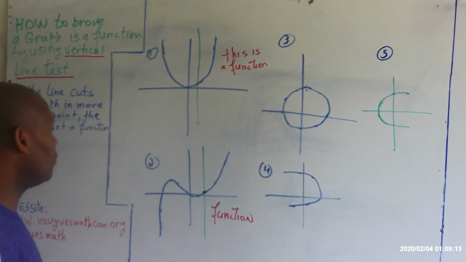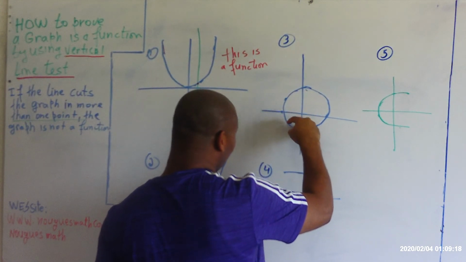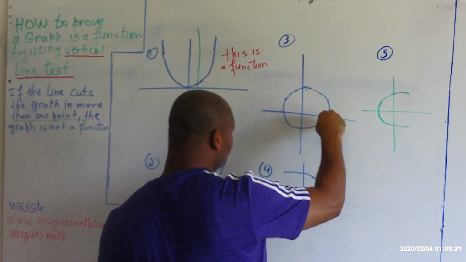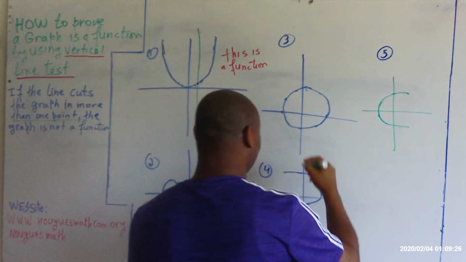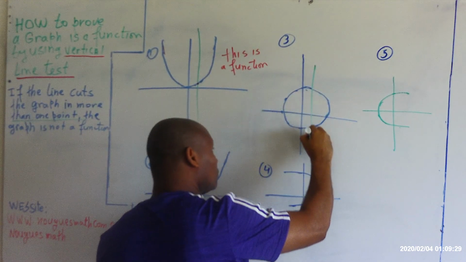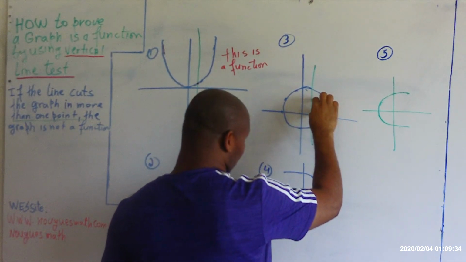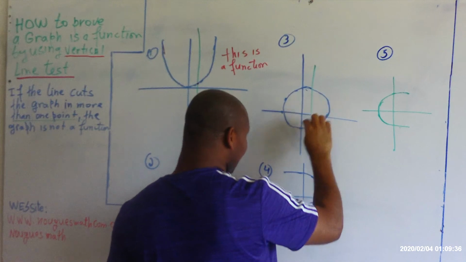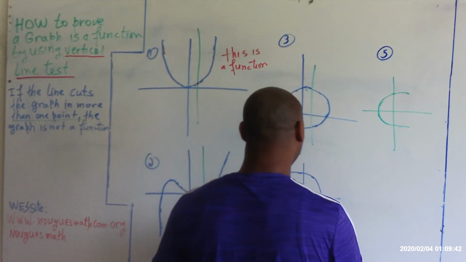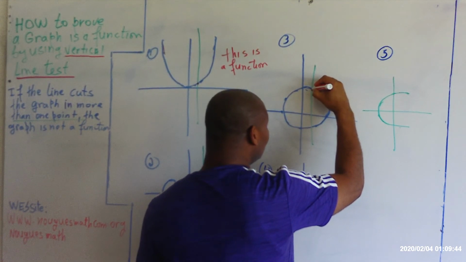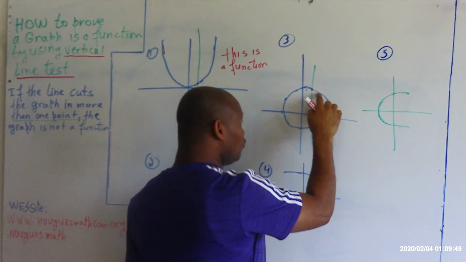Number 3. This is the graph right here, the circle. I'm going to test this graph by using the vertical line test. When you look at this graph, the vertical line test cuts this graph in more than one point. You see? First point, second point.